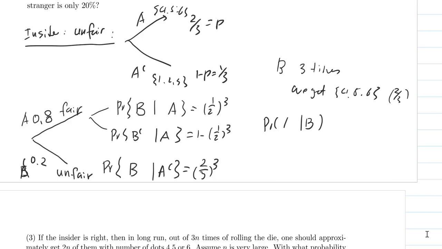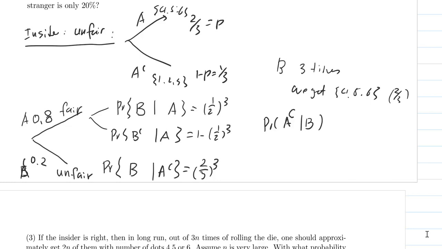That's what we're going to try to find here, and that will give us the probability that Dr. Chen will trust the insider. But really, what we want to find is, if B has happened, what is the probability that this die actually is unfair? So we really want to find this A complement branch.